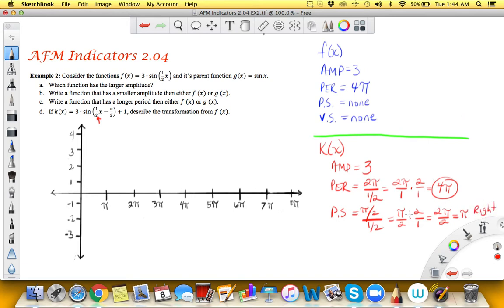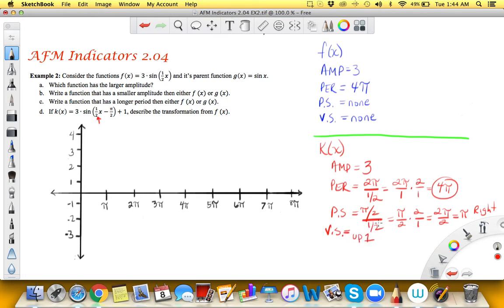And remember, this is a minus pi over 2, but the graph moves in the opposite direction of this sign. So if this was plus pi over 2, the graph would move to the left. Very important point to remember. Vertical shift is going to be, it goes up 1.